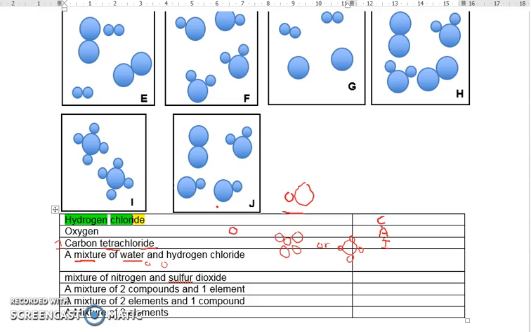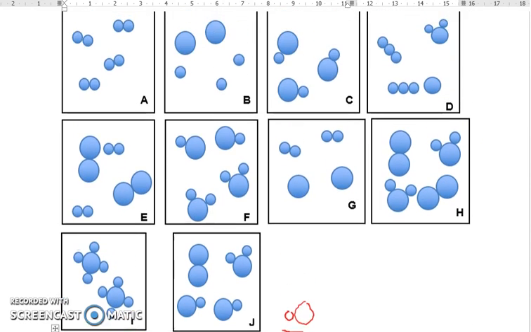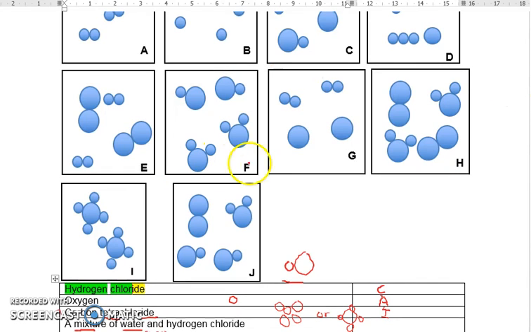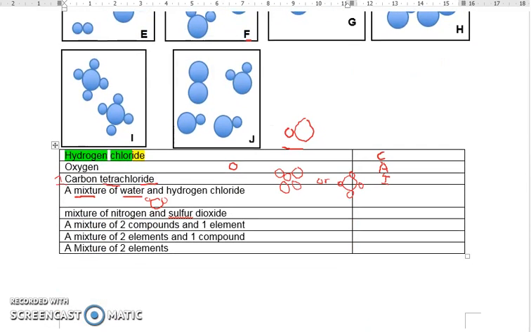Okay, so we are looking for a mixture of Mickey Mouse and a hydrogen chloride molecule. So the one that looks most like this would be F in this case. The Mickey Mouse here and the hydrogen chloride there. Okay, so the answer here is F.